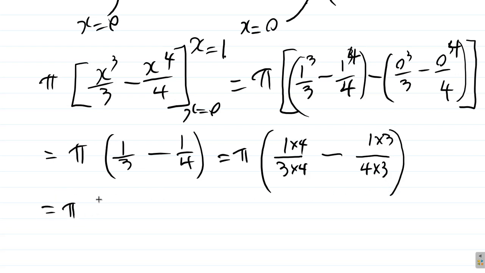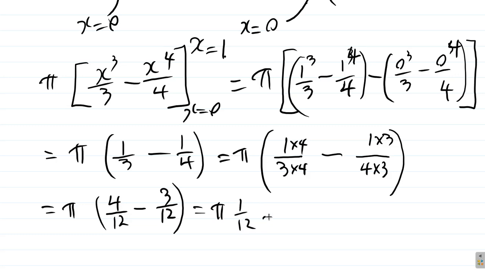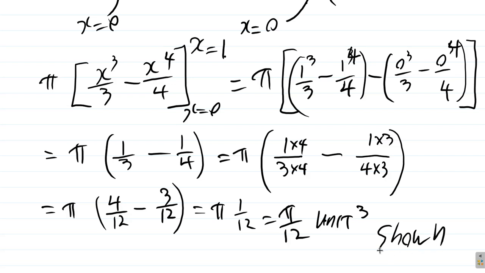So we have pi times 4 over 12 minus 3 over 12. Okay, equal to pi times 4 minus 3 is 1. So 4/12 minus 3/12 is 1/12, which is pi divided by 12 cubic units. Alright, so that's what we get. So you can write that this is shown.